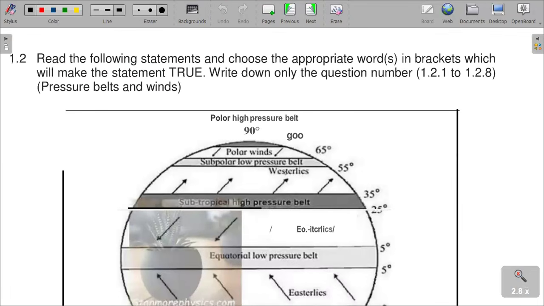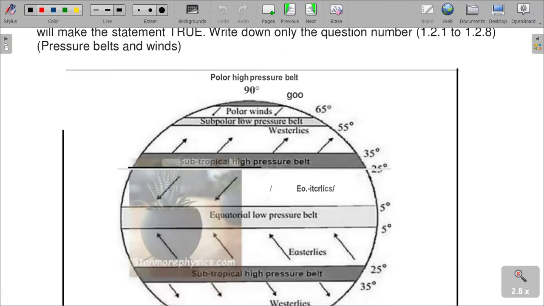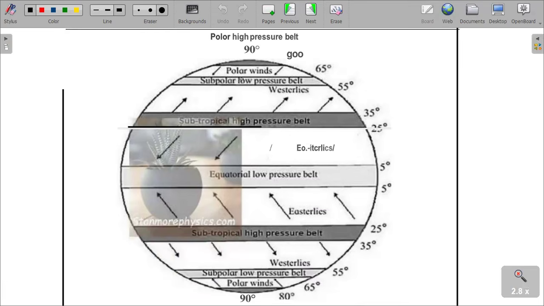And then we are given statements and we are supposed to choose the appropriate words in brackets to make the statement true. And then this is the eighth. We are given the different cells given here: the equatorial low pressure belt, the subtropical high pressure belt, the subpolar low pressure belt, polar winds, and we have all these identified, the different pressure belts identified on the earth as we look on the globe.